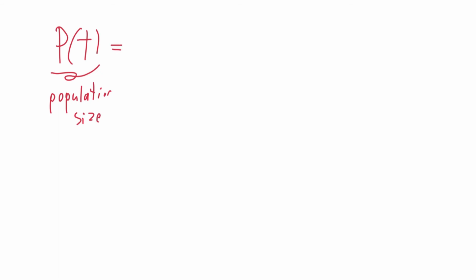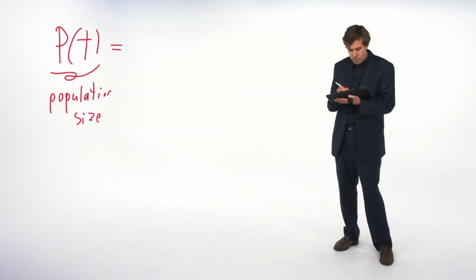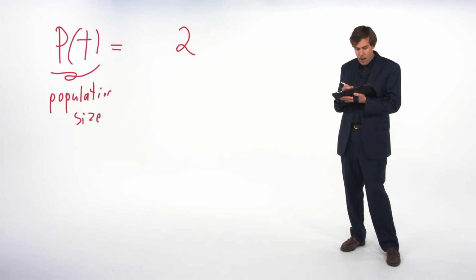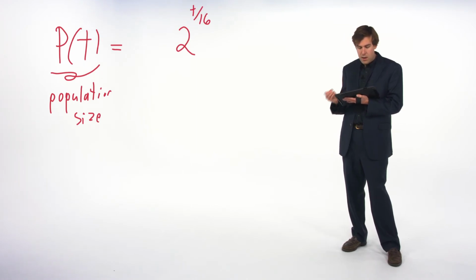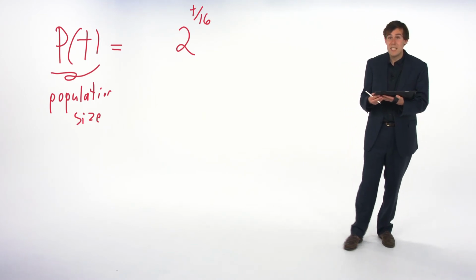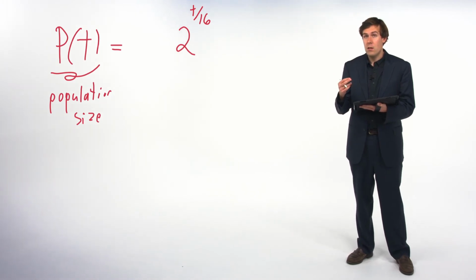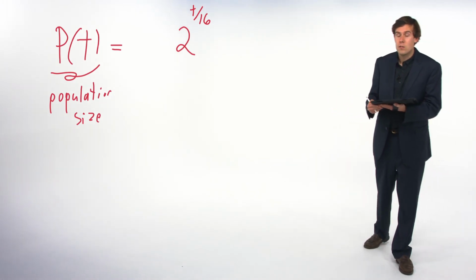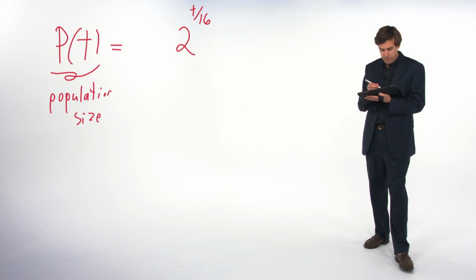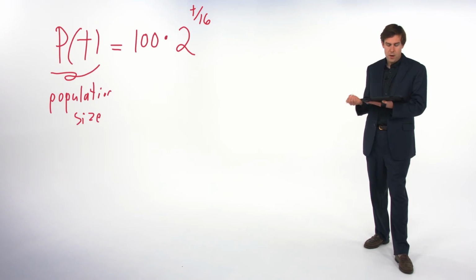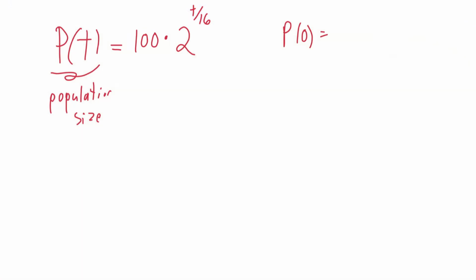I know they double every 16 months. So if I divide by 16 here, when t is equal to 16, I'll get 2. When t is equal to 32, I'll get 2 squared, and so on. And then I start with 100, so I'll multiply this here. So we can check this. P of 0 should be equal to 100, and it is.